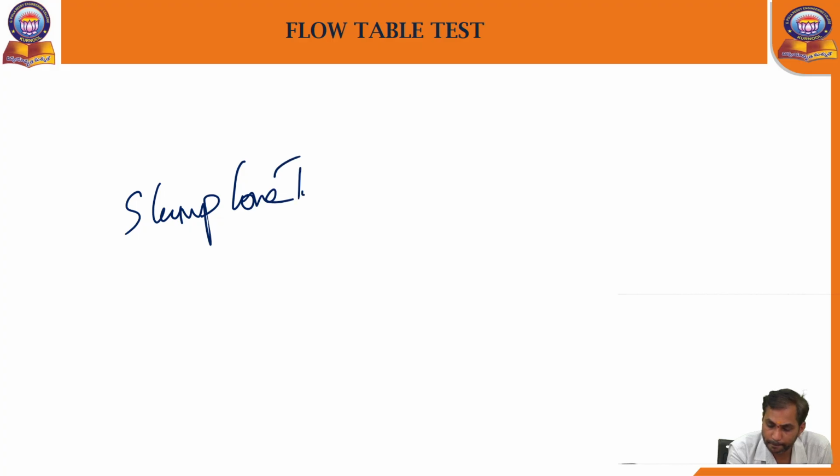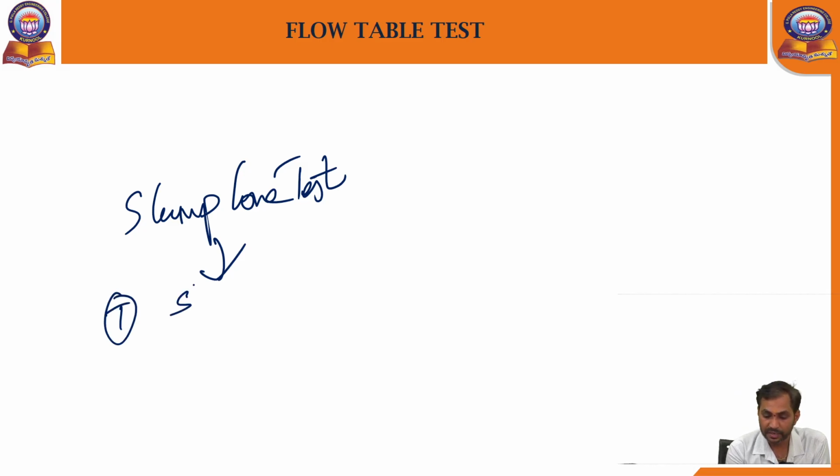Next, flow table test. Here also same. First you prepare the fresh concrete, then go for the flow table test. But when we are conducting the slump cone test, there are three types: one is a true slump, another one is a shear slump, another one is a collapse slump.